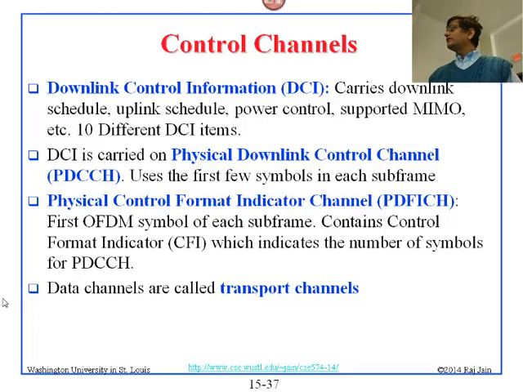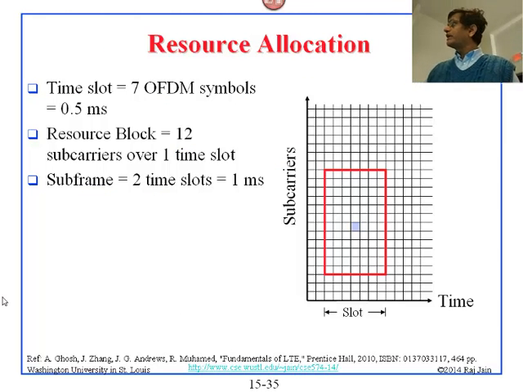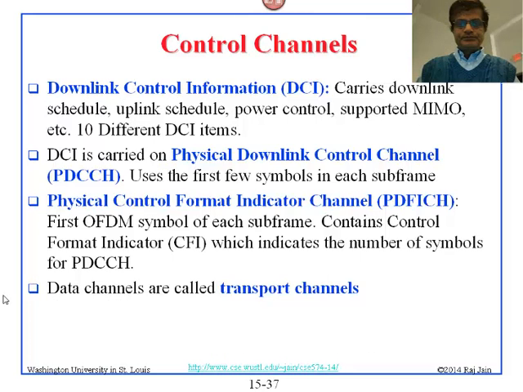So the transport channels are basically whatever is left, minus the reference signals. All the way through in the middle there are reference, you know, pilot signals. So some part of this is control, and then the rest is transport, and then there is some pilot. All right.